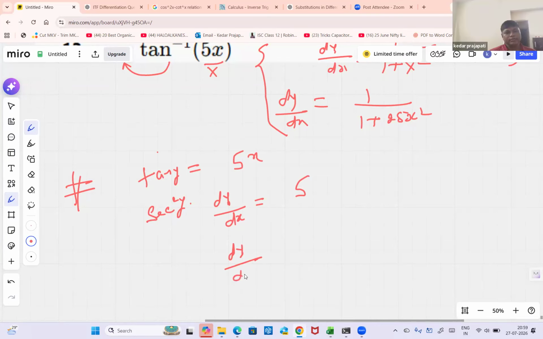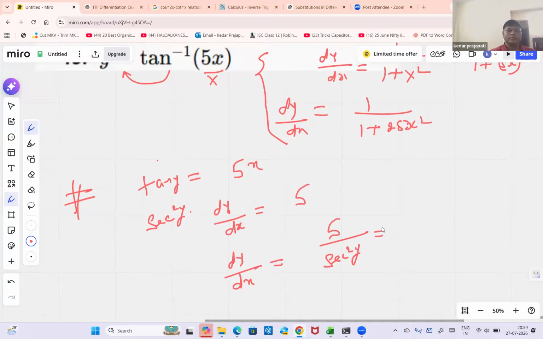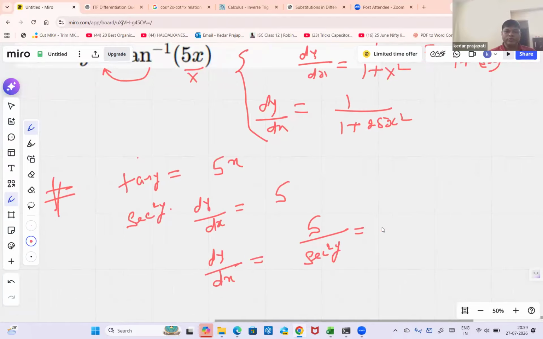Then dy by dx is 5 by secant square y, which is 1 plus tan square y. So this will be 5 by 1 plus tan square y, and now it is not x, it is 5x.